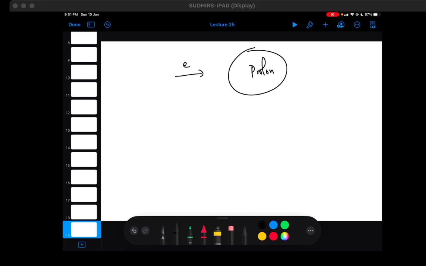You'll have simple diagrams where the electron goes to electron and the proton goes to proton, and you exchange a photon like this. So it looks like a simple process in QED. This is an elastic process.